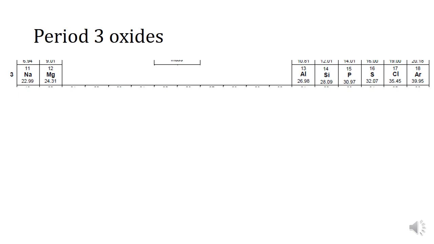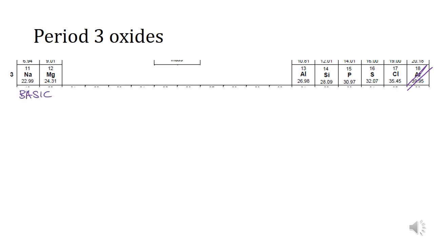Okay, so you need to know about the period 3 oxides. So basically how it works, we start off by ignoring argon, because argon doesn't really react with oxygen. We start off with sodium and magnesium, which are basic.